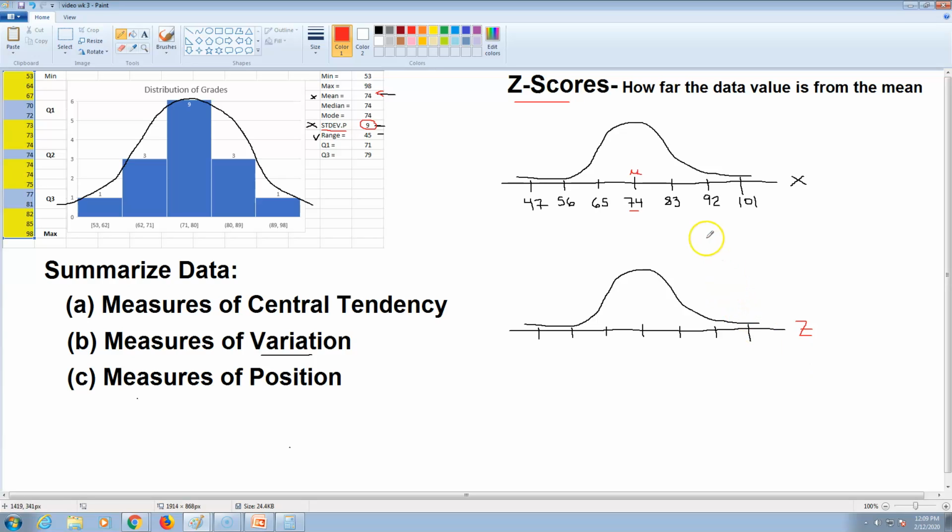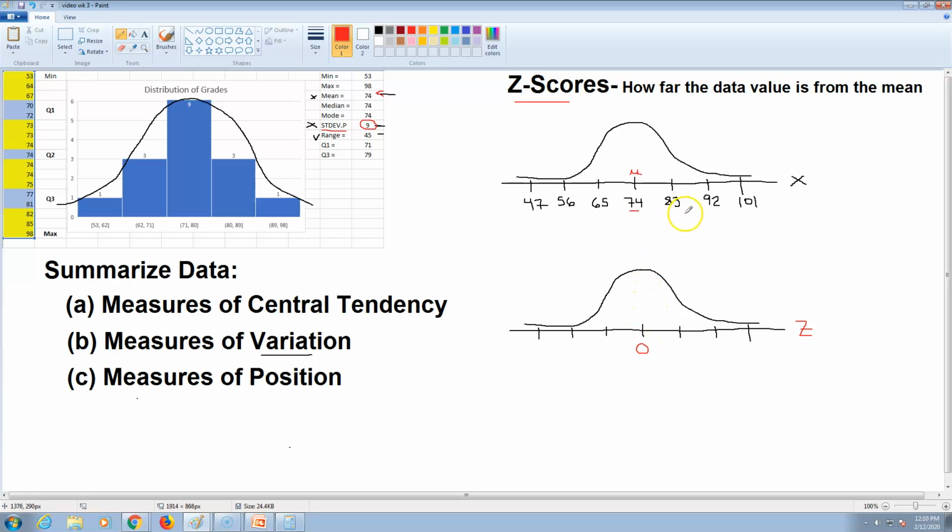What I'm going to write here are new numbers that are based on how far away each of these numbers is from the middle. So if I ask you how far away is 74 from 74, your answer will be 0. Because how far away is the 74 from itself? Nothing.